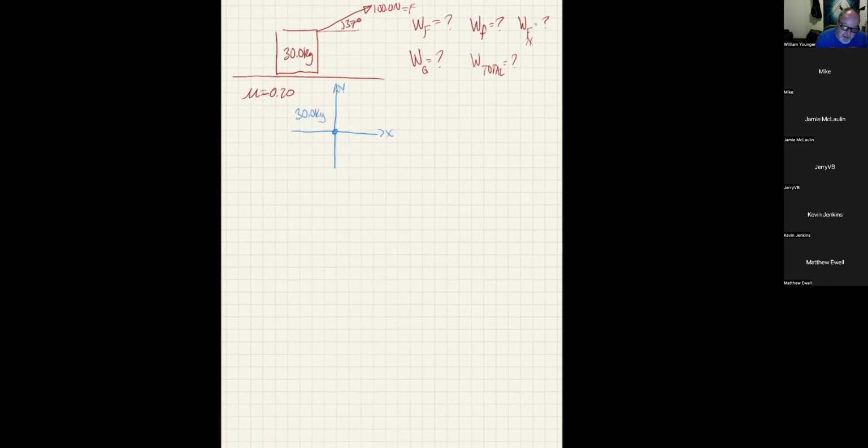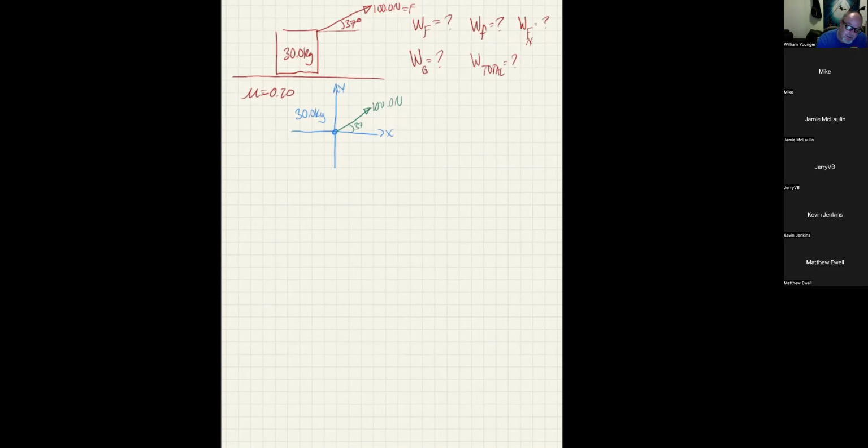And in fact, I have a force of 100.0 newtons at 37 degrees. Well, that just reeks of a 3-4-5 triangle. And in fact, we know that 37 degrees is opposite the small side because it's less than 45.